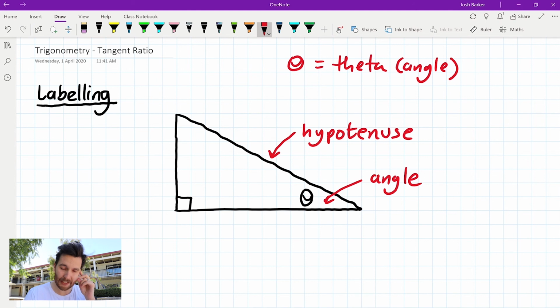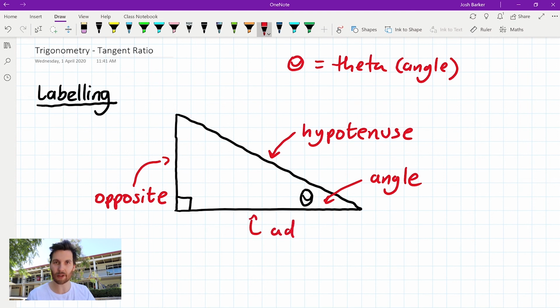Okay. Now the reason it's important to point out where the angle actually is, is that it changes the name of the other two sides in the right angle triangle. So the side that is opposite the given angle, or the angle that we're trying to find, we imaginatively call the opposite. And the other side, the one on the bottom in this triangle, we call the adjacent, because adjacent is a word that means next to.